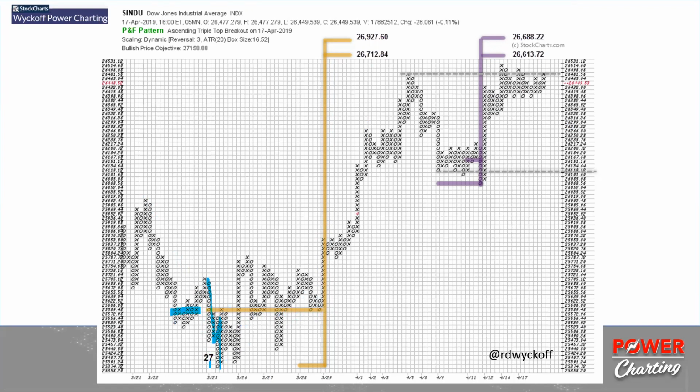This area across here is 27 columns, and so we would go 27 times 3, which is the reversal method, times 16.52, which is the ATR scaling, and this is the scaling over here on the right and on the left. And so this gives us a count of 26,712, 26,927, which is higher than the count that we just looked at, but we're counting a different area.